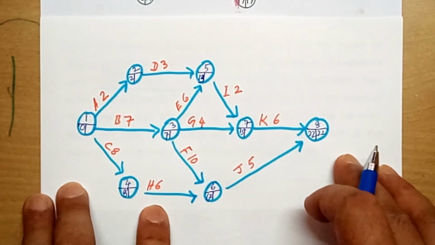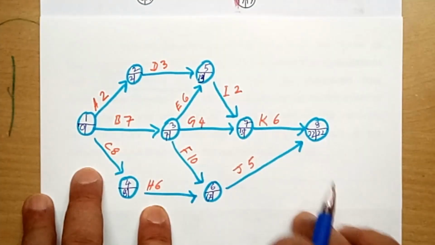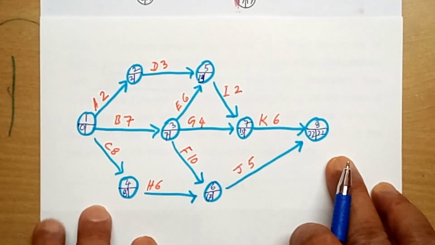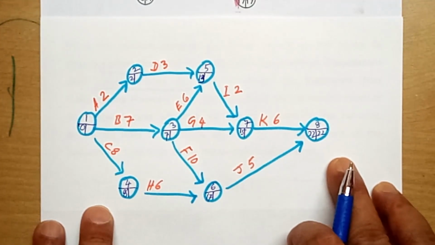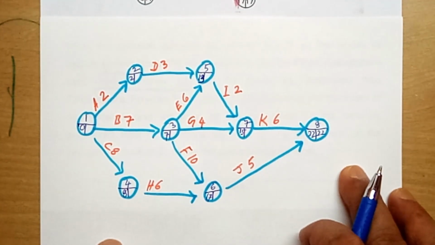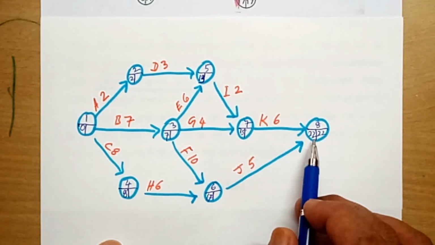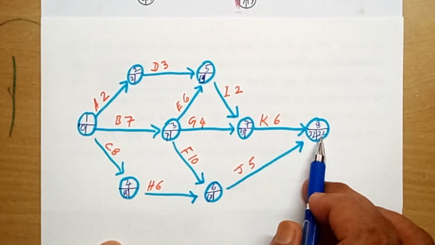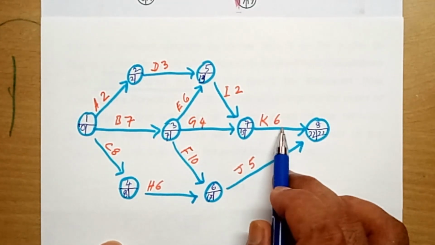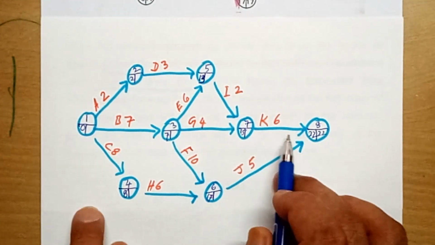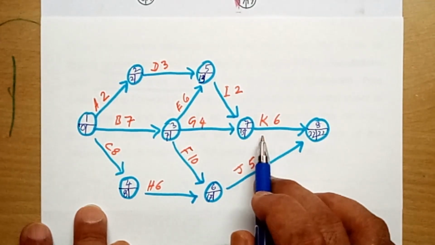Here during forward pass, we kept on adding the durations. Now during backward pass, we'll keep on subtracting the durations, subtracting the duration from the later node to find out the latest finish of the earlier node. From this node, the latest finish is 22. Subtract 6. What do you get? 18. Sorry, 16. 22 minus 6, you get 16.